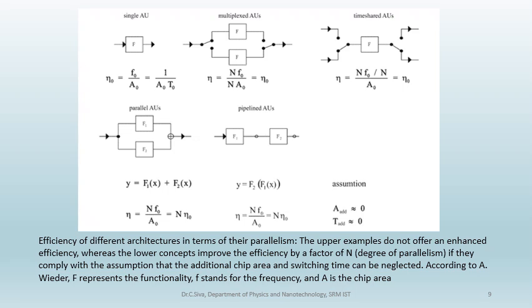If we replicate a functional block to operate in parallel or time share it, the throughput increases but efficiency does not necessarily improve. You can see in the first one a simple architecture, then the second and third at the top.